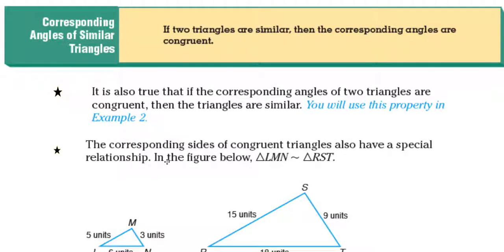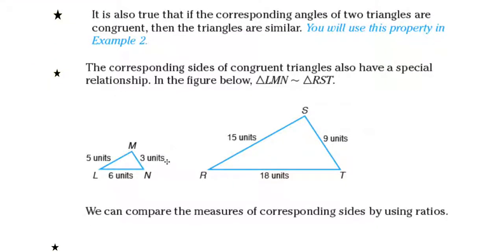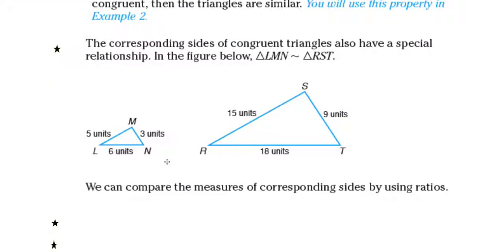The corresponding sides of similar triangles also have a special relationship, and let's take a look at this figure below. Triangle LMN is similar to triangle RST. That means all the corresponding angles are congruent, so we can compare the measures of corresponding sides by using ratios.